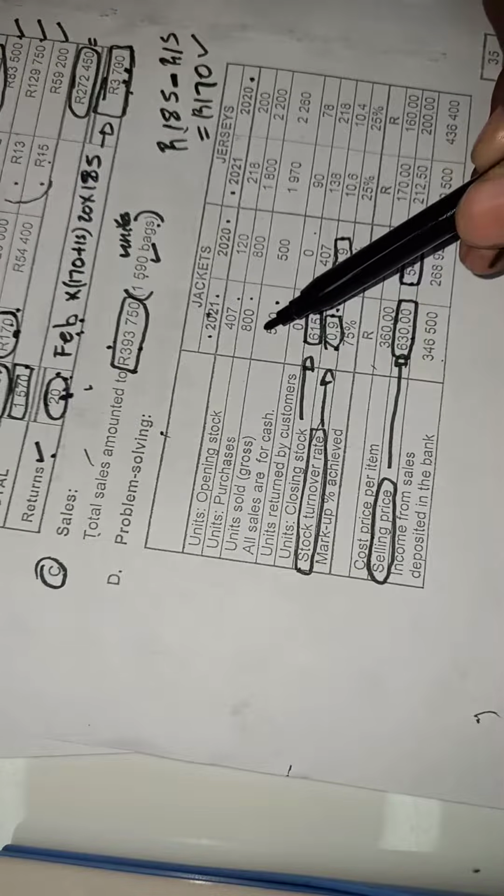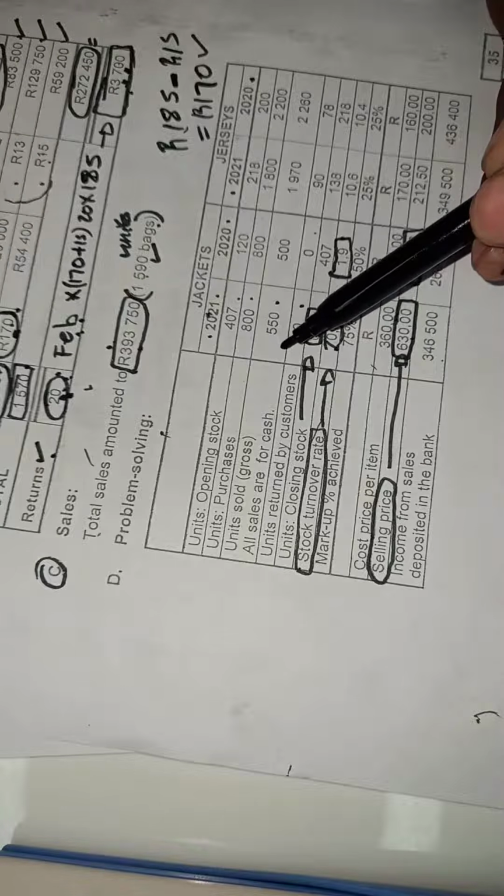He's left with a lot of stock when he closes the year or the month or whatsoever. I think the closing stock is another problem, the units of closing stock.